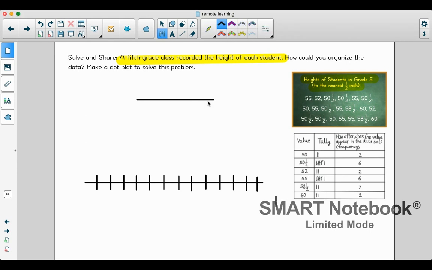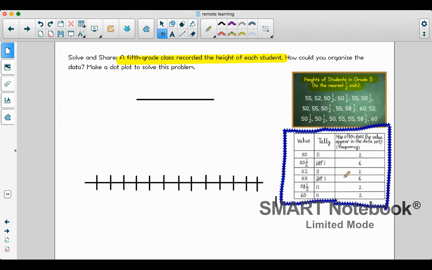So I'm going to use my creative pen and use my stars on small thickness. Maybe a little bigger. There we go. All right, so this right here is called a tally chart. That did not look the way I wanted it to look.